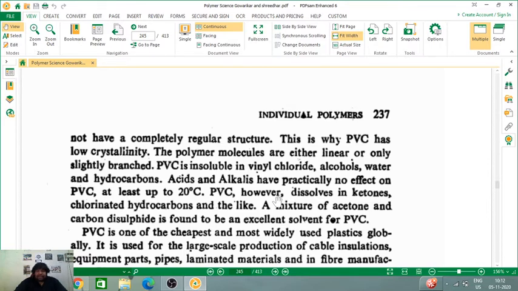Acids and alkalis have practically no effect on PVC, at least up to 20 degrees Celsius. PVC, however, dissolves in ketones and chlorinated hydrocarbons, and a mixture of acetone and carbon disulfide is found to be an excellent solvent for PVC.